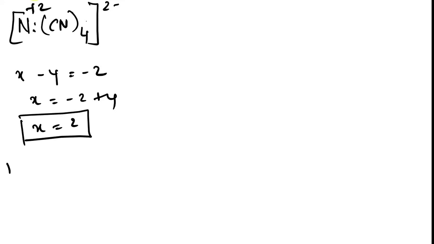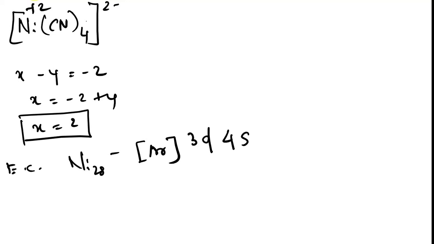Right? So the electronic configuration of nickel, Ni 28, is argon and the remaining 3d and 4s. How many electrons are with this already? Ni 28 means there will be 10 electrons, yeah. So 4s2 3d8. Then Ni2+ means that is 3d8 only. The 4s will be removed.